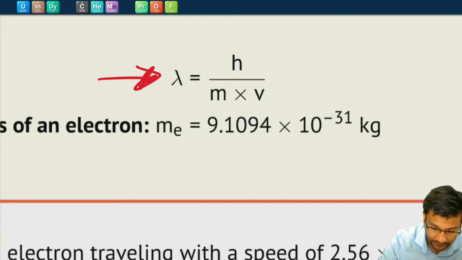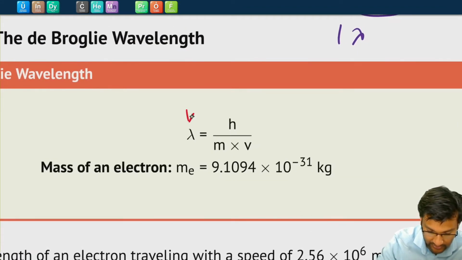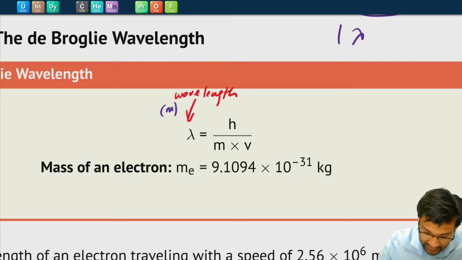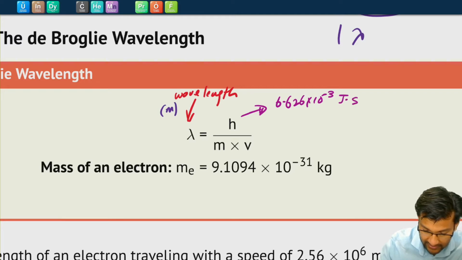Lambda here is the wavelength. So let me just write that. So this is the de Broglie wavelength. Because it's the length of the wave, usually we measure that in meters. H is Planck's constant, which is 6.626 by 10 to the minus 34 joules times seconds.